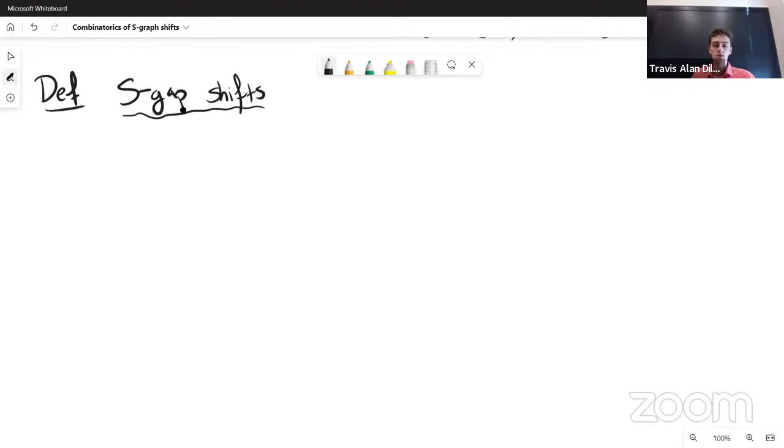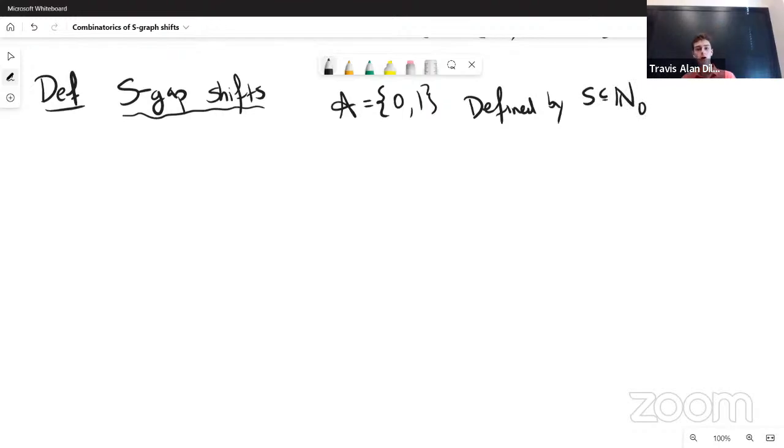So these shift spaces are always defined on the same alphabet that we've talked about before, 0 and 1, and they're defined by some subset of the natural numbers, including 0, so the non-negative integers, in the following way.